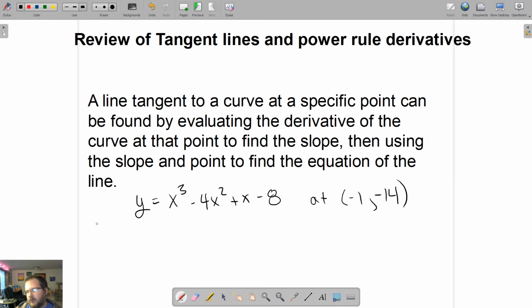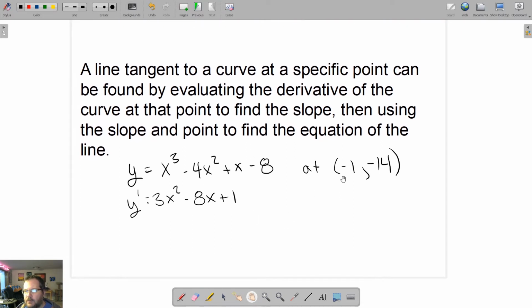Step number 1, you find the derivative of the original function. So y prime is equal to 3x squared minus 8x plus 1. Step 2 is to evaluate the derivative at that x value. You only want to use the x value for this part. You don't want to plug in the y value, just the x value.